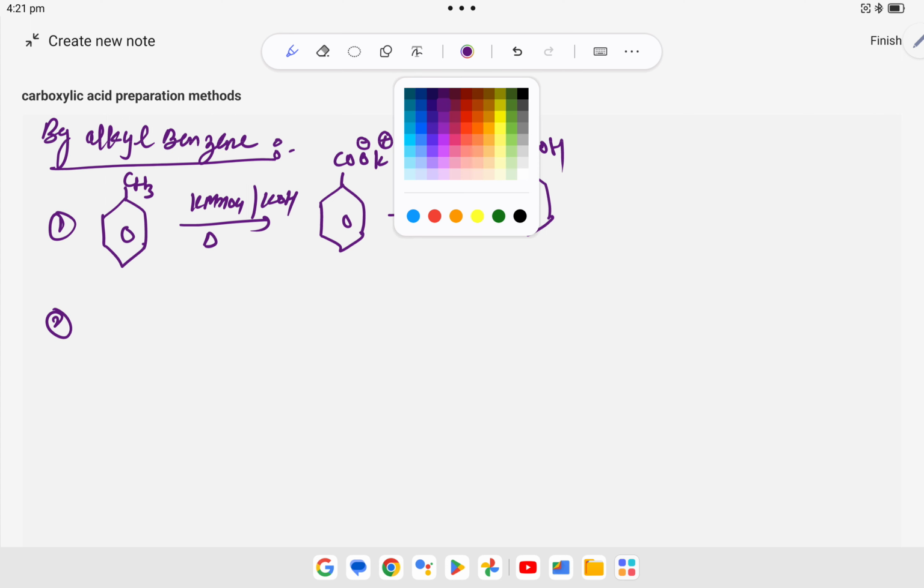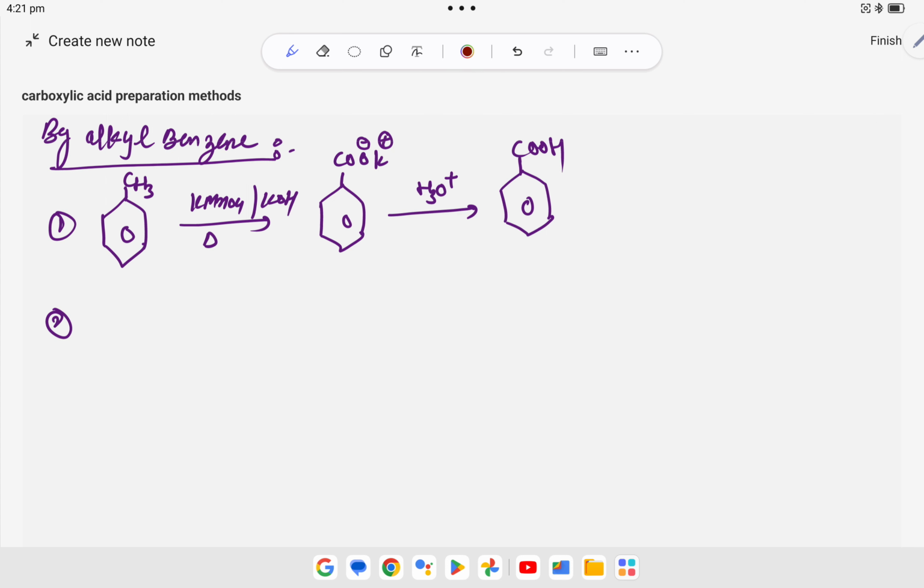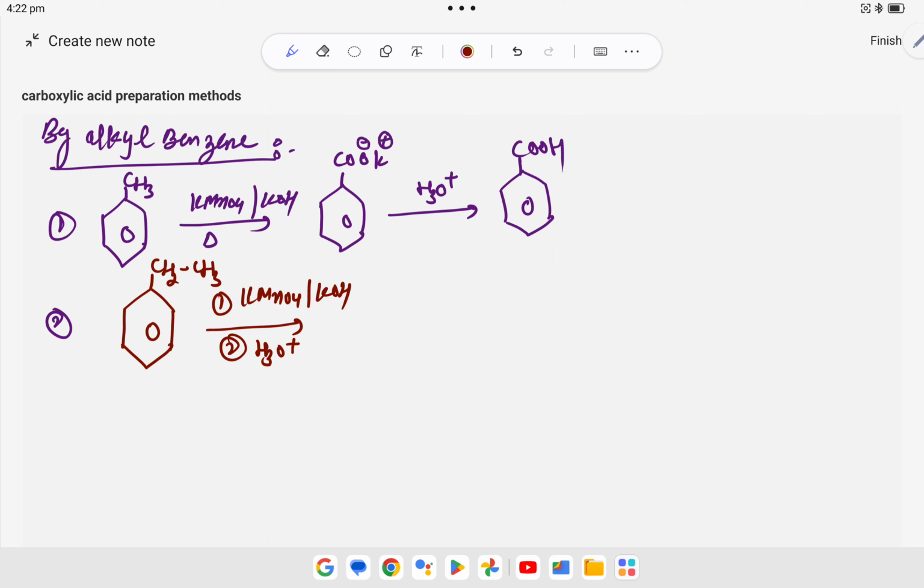Number 2, again first KMnO4, any other oxidant you can also use. Second, hydrolysis. So here the product is again the same, benzoic acid.